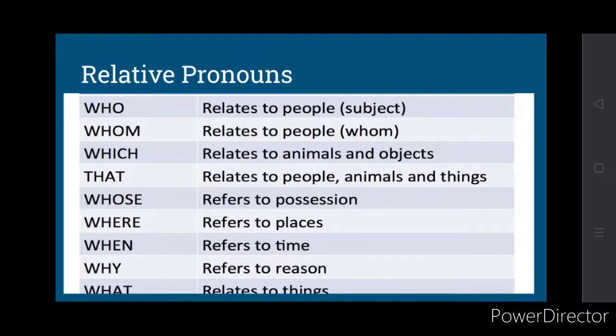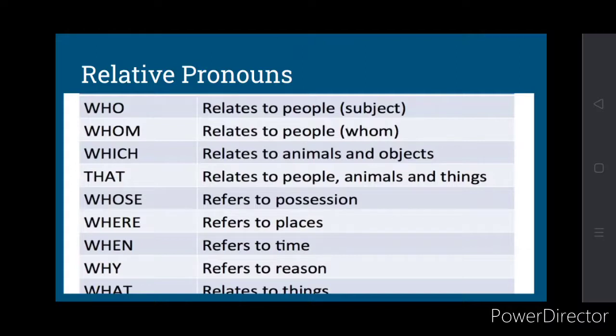Then we use which when we are relating to animals and other objects. Then that is used to relate to people, animals and things. Whose refers to possession, where refers to place, when is used for time, why is used for reason, and what is used for relating things.